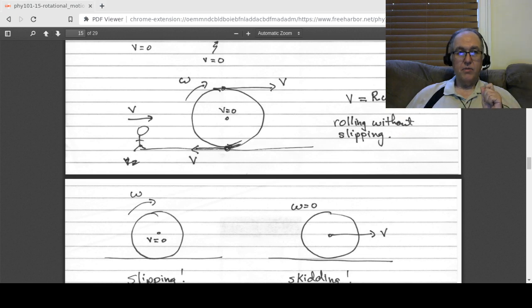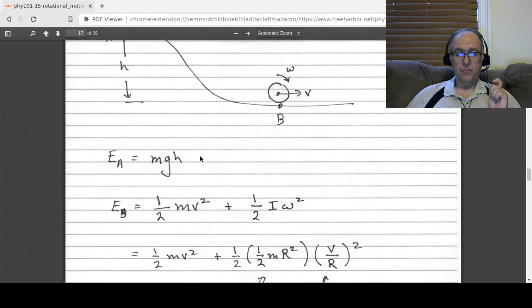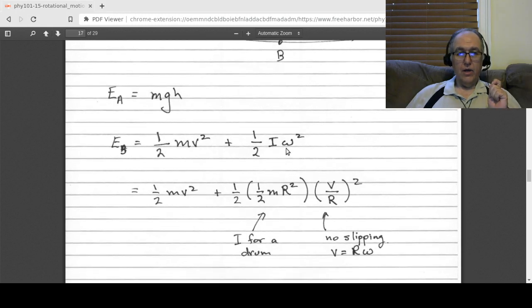If I isolate omega, omega is equal to v divided by R. And so down here, in place of omega, I'm going to substitute v divided by R. So that's no slipping.